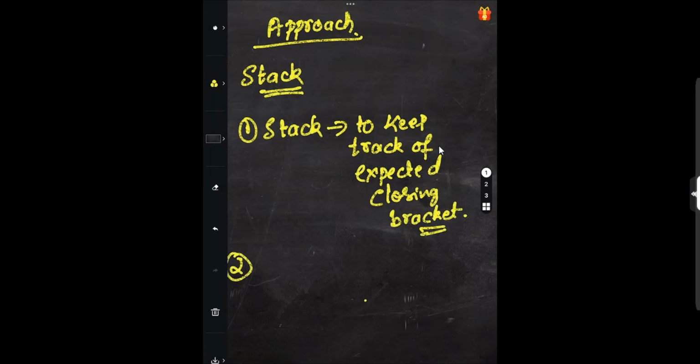Let's move on with the second step, the core logic. When we are encountering an open bracket, it can be a parenthesis, a square bracket, or a flower bracket.